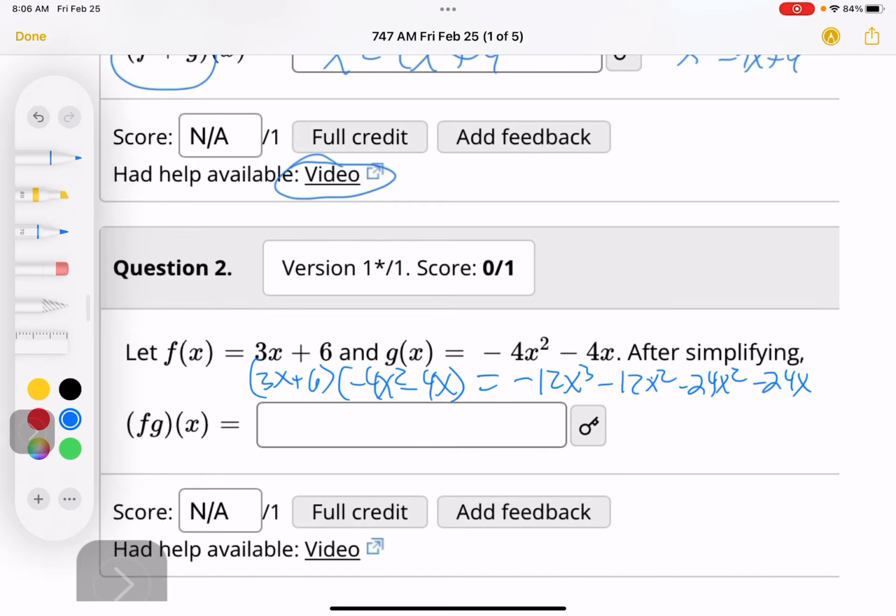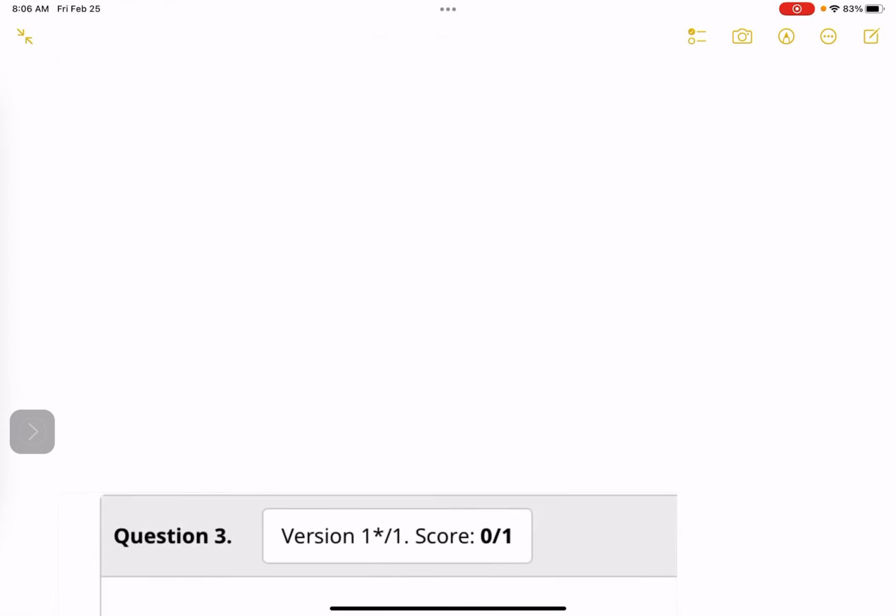So our biggest thing is going to be that negative 12x cubed. Then we have a negative 12x squared and a negative 24x squared, so that'll be minus 36x squared. And then there's a minus 24x, and that's it. Okay.